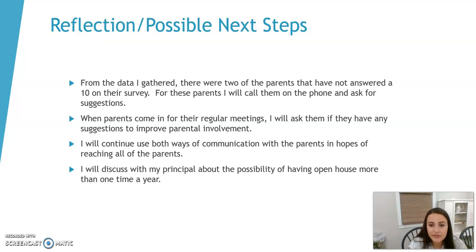When the parents come in for their regular meetings, I will ask them if they have any suggestions to improve parental involvement. I will continue to use both ways of communication with the parents in hopes of reaching all the parents. And I will discuss with my principal about the possibility of having more than one open house.